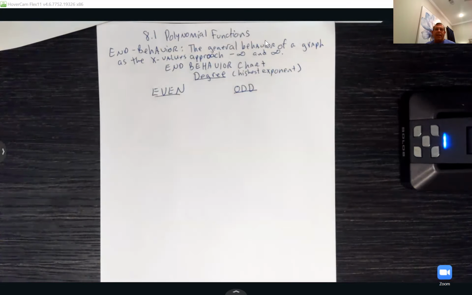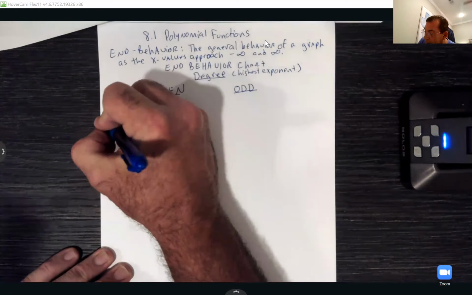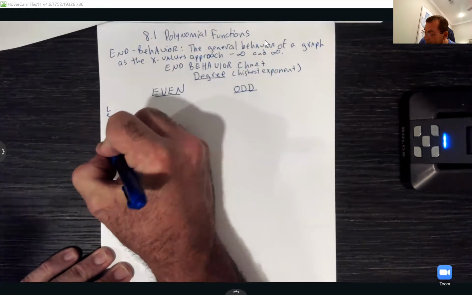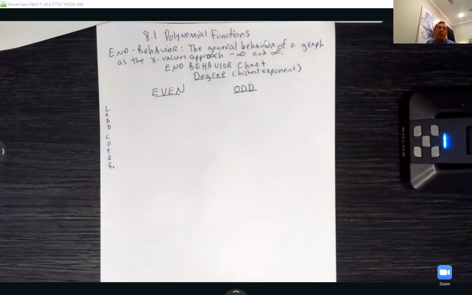Now, the second thing that determines the shape of our polynomials for the end behavior is the lead coefficient. And y'all, the lead coefficient is the number that's in front of the variable that has the highest exponent.